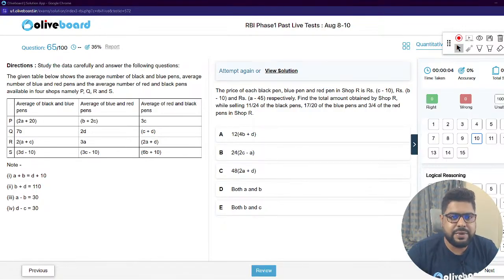Let me just set up the page. I'll solve it in this. I'm just copying it to the board so that we can solve it together.